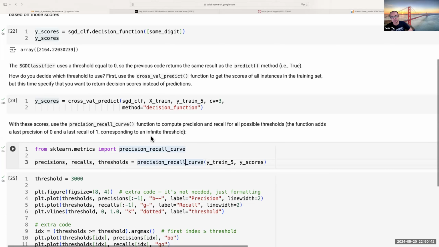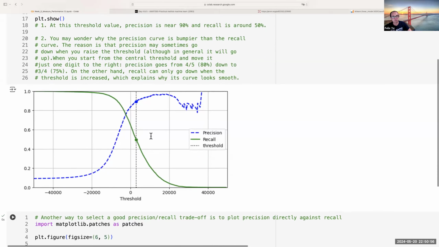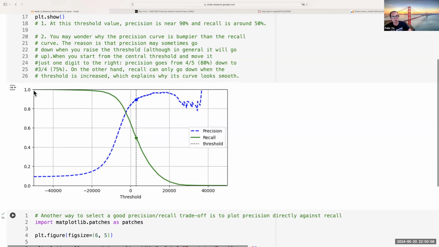By varying the threshold, we plot this precision versus recall curve. This is the recall curve and this is the precision curve. You can see it's quite smooth up to this point, and then they start to have some zigzag.